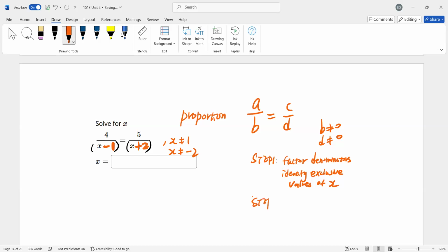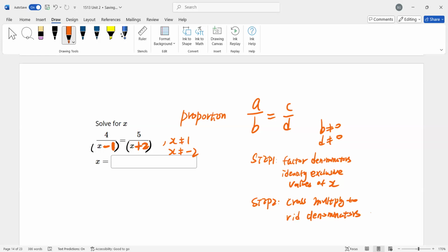Very important. Step 2, cross multiply to get rid of the denominators. Okay, you might remember this name, cross multiply, right? It's different from multiply cross.